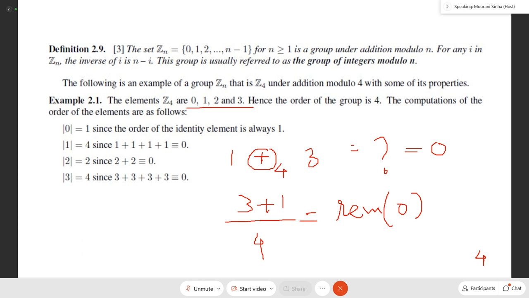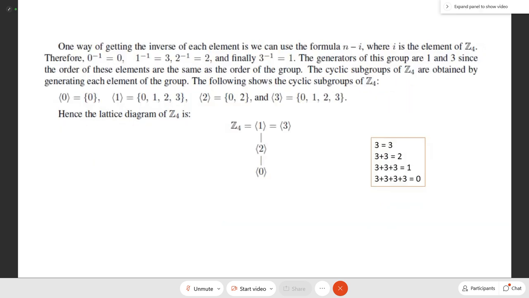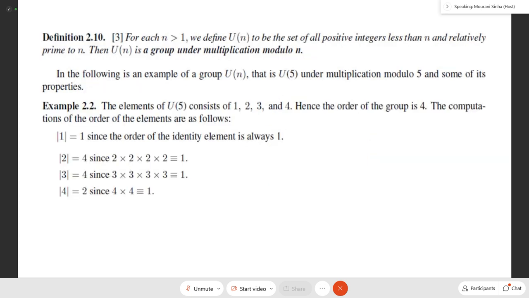For Zn, referred to as the group of integers modulo n, we have to check that somewhere. Anyway, we go for the least number of elements to add and get it. So that answers Ria your query. You are adding the least number of elements.